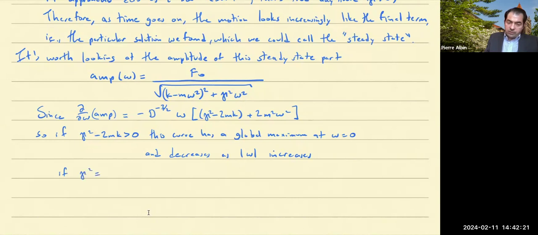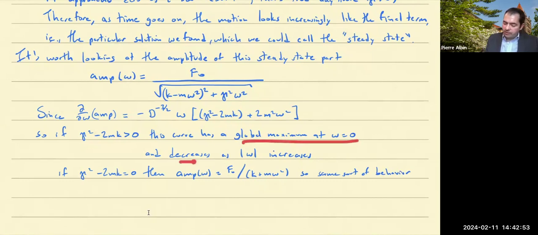If gamma squared is equal to 2mk, then you can rewrite this amplitude as F naught divided by k plus m omega squared. So same sort of behavior. Namely, it has a global maximum at omega equal to 0 and decreases as mod omega increases.